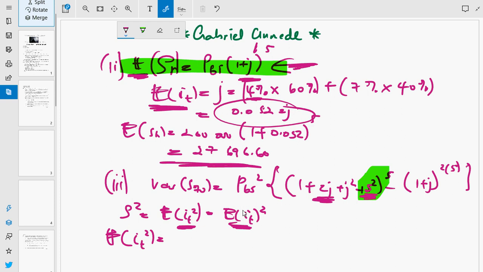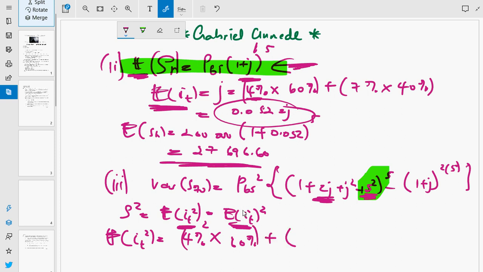So I'm going to calculate the expected value of i_t squared. You're squaring your observed interest rate, and you have to multiply by your probability. I've done it because I didn't want to waste time. So that will be 4%, but I have to square it, multiplied by the probability of this, which the question told you is 60%.